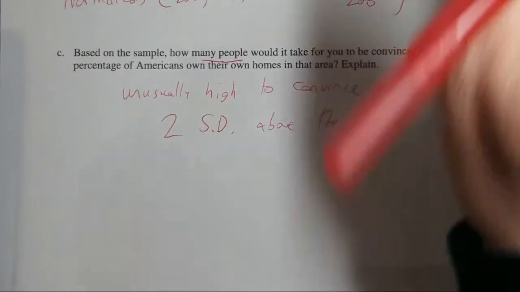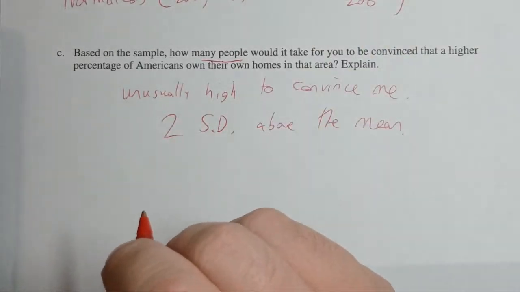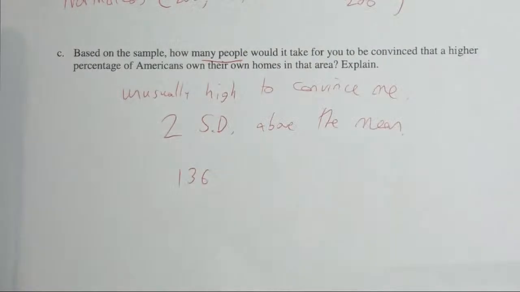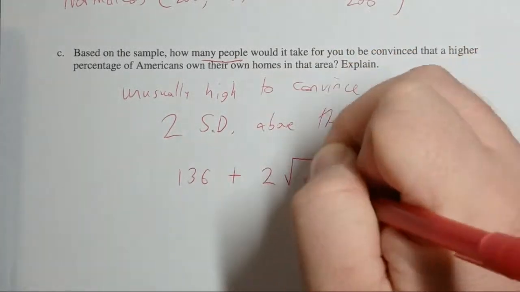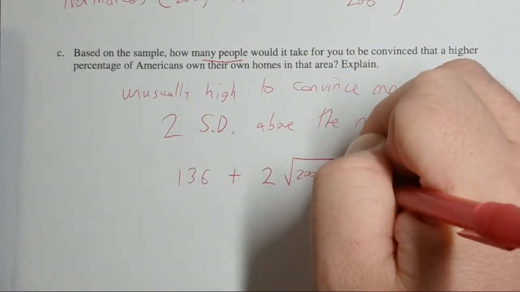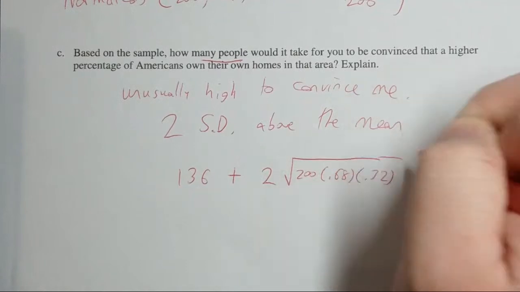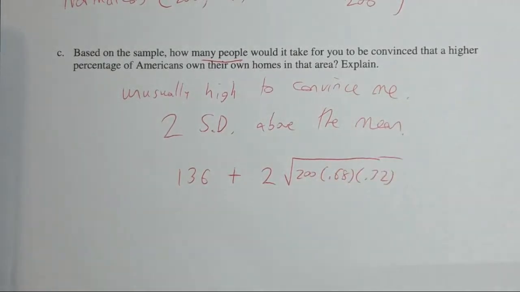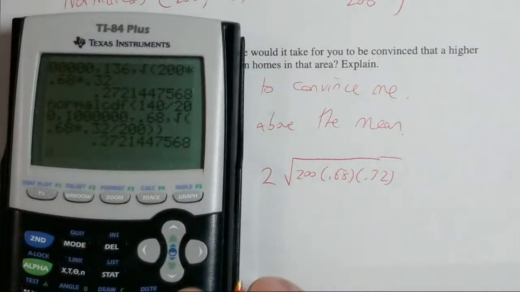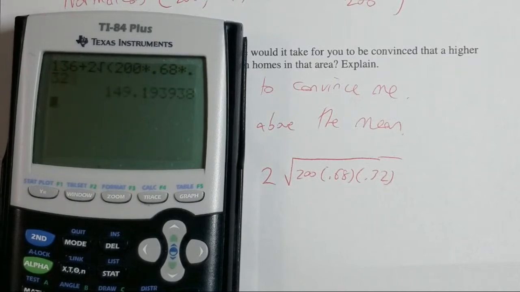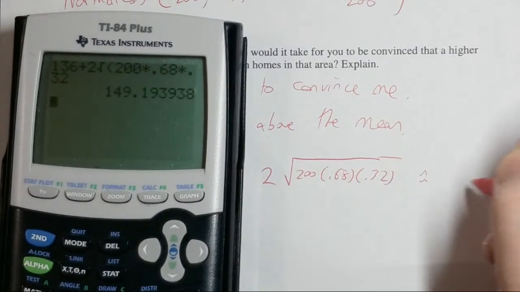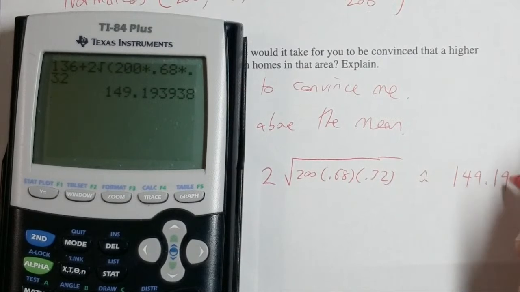If that were the case, the mean, as we said, was 136, which was n times p, plus 2 times the standard deviation, which I never actually calculated, but it's the square root of npq. 136 plus 2 times the square root of 200 times 0.68 times 0.32 gives you approximately 149 and change.